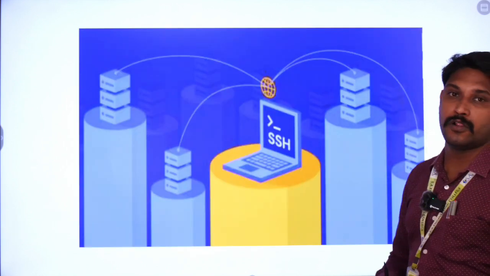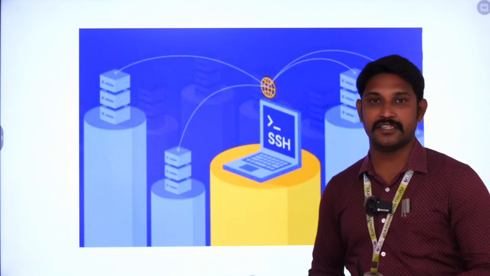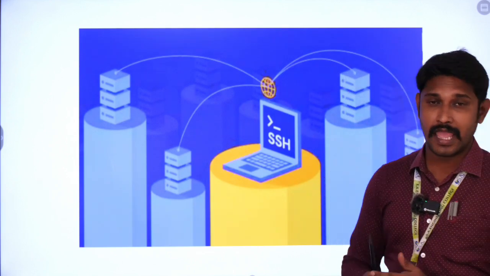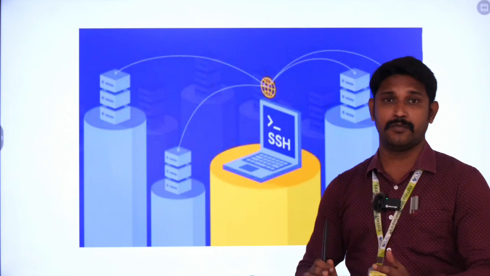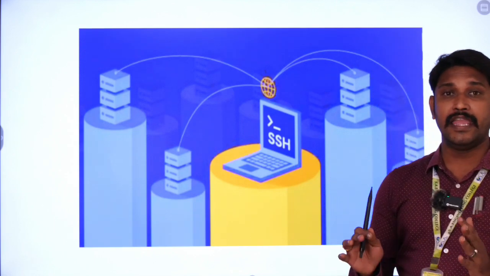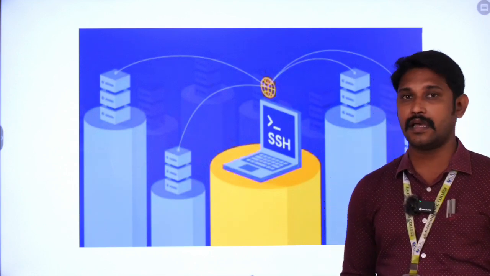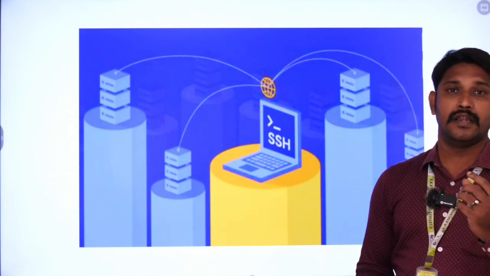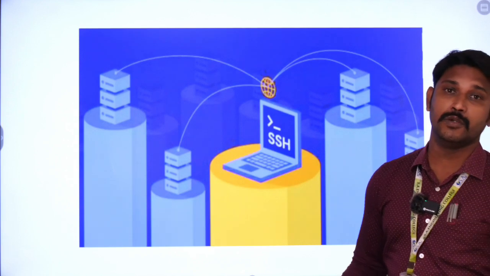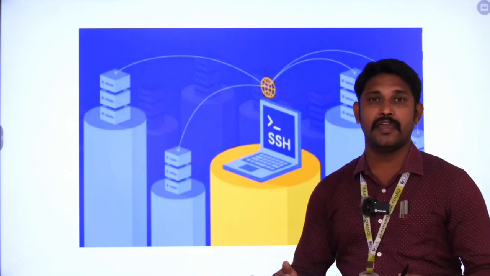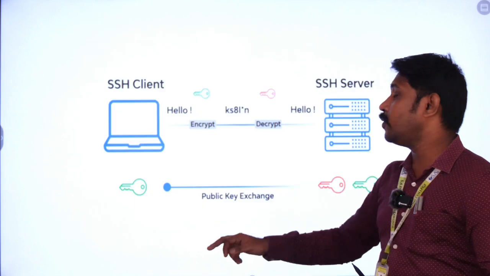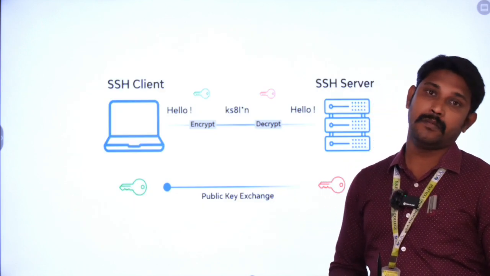The next type of protocol we are going to use is SSH, Secure Shell. This protocol is mainly used in networks where the transaction must be highly secure, and it may be used in government or army agencies. If the data is highly confidential, we use this type of protocol. Here they do an encryption and decryption process.